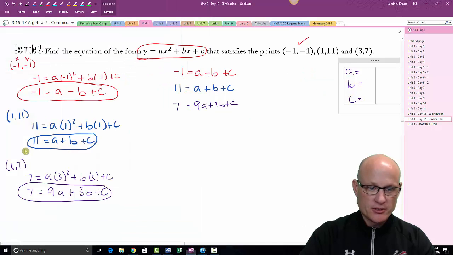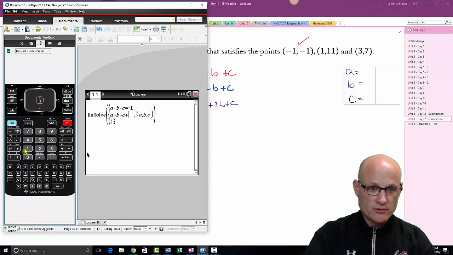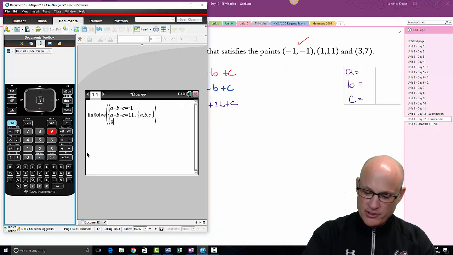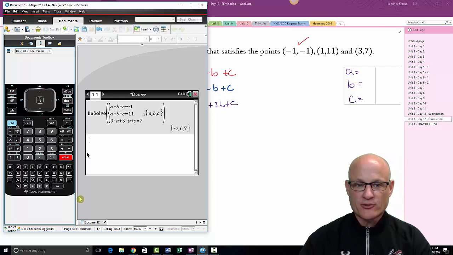Enter. a plus b plus c equals 11. Next equation, 9a plus 3b plus c equals 7. Hit enter. There are my 3 answers.